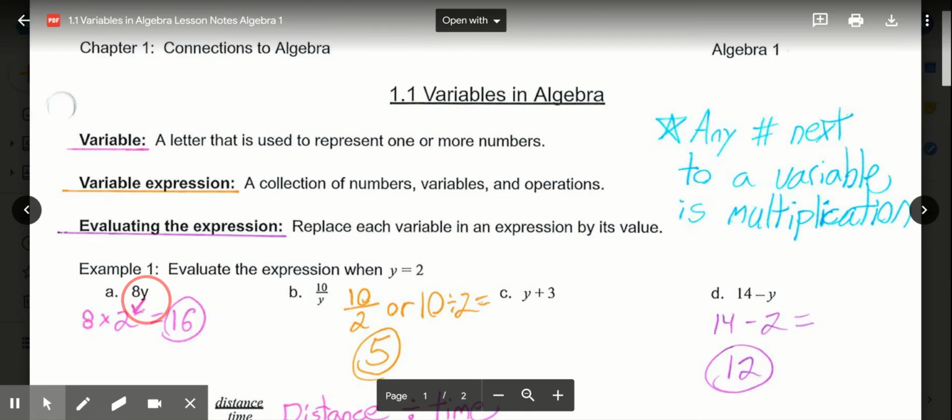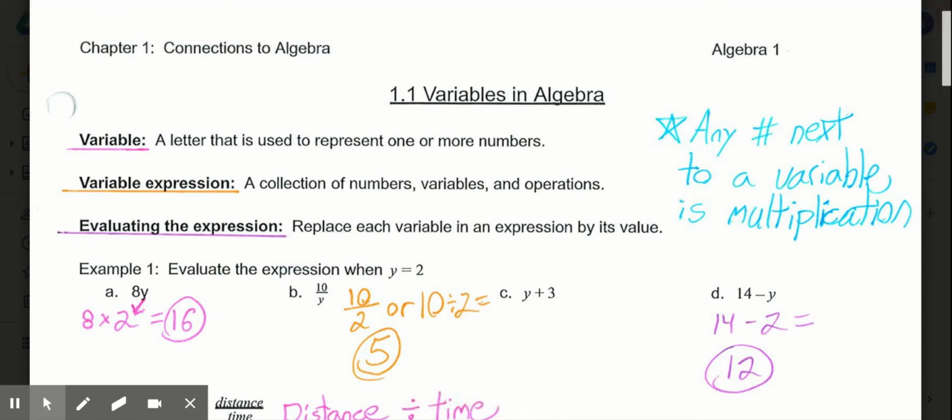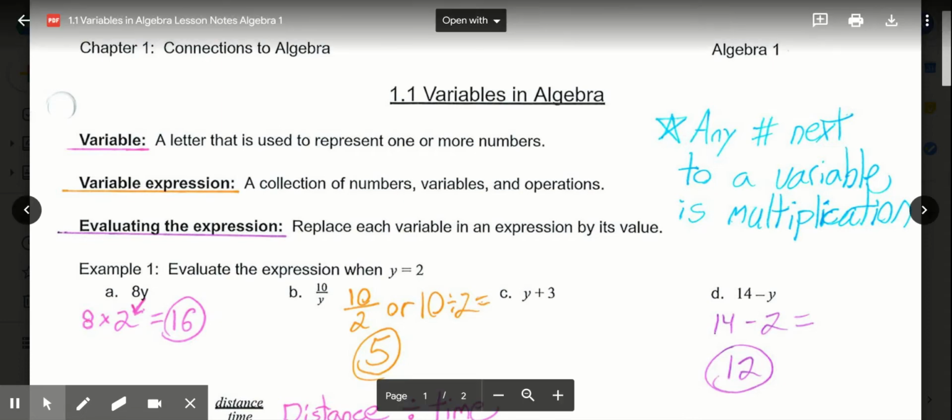So 8y means 8 multiplied by whatever y is. If I had a problem that was 12w, that would be 12 multiplied by w. So anytime we have a number right next to a letter, or right next to a variable, that means you multiply the two.